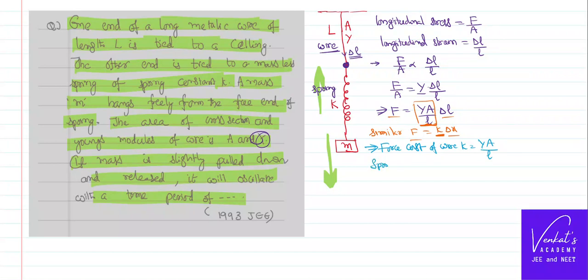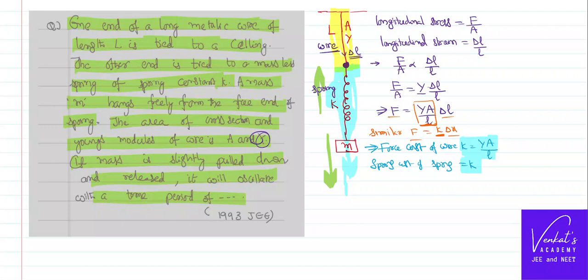We have the spring constant of the spring as K itself. So if you observe carefully, this is one part, and this is another part. The upper part has some spring constant, and the lower part has some spring constant, and you are slightly disturbing it like this.